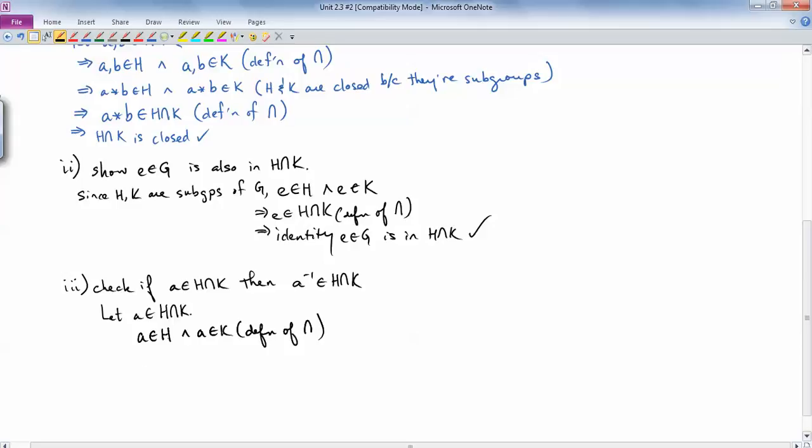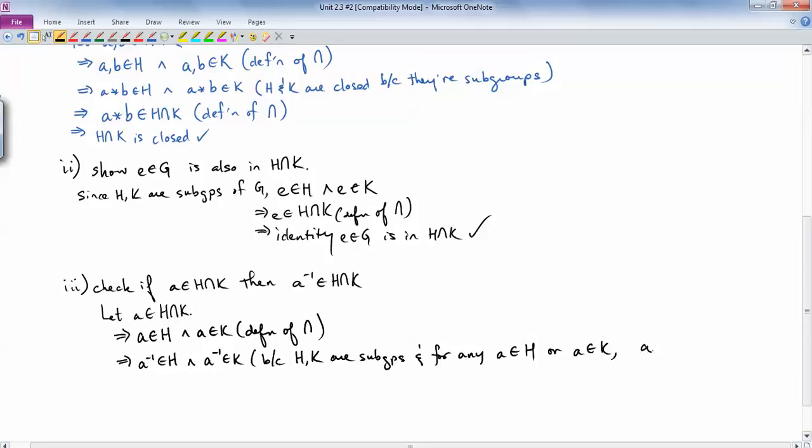Well, if A is in H, and H is a subgroup, then A inverse has to be in H. Because H is a subgroup, and we know that for every A in H, A inverse has to be in H. Same deal with K. Right? Because H and K are subgroups. And for any A in H or A in K, the inverse has to be in there.